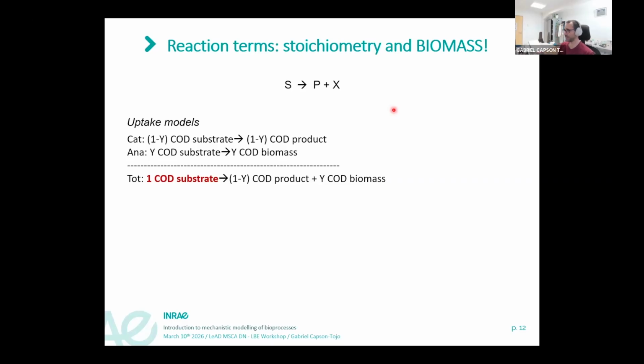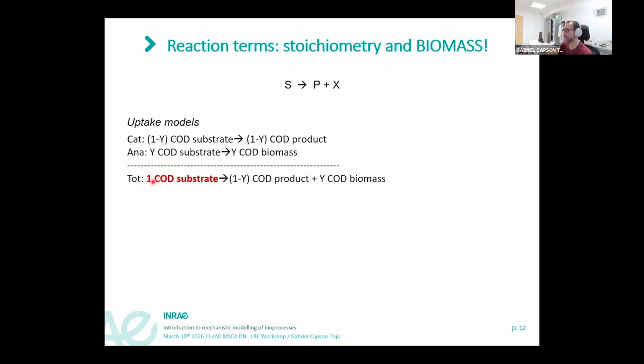To avoid having many open stoichiometric parameters in your system, we generally use what we call a basis of calculus. There are two ways of doing this. One is what we call uptake models. Generally we assume that we have 1 gram of substrate, and I'm going to do the mass balance in COD terms.